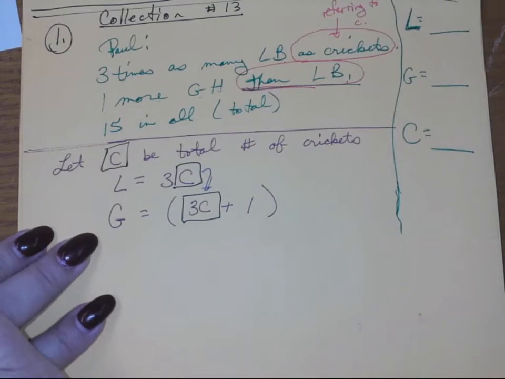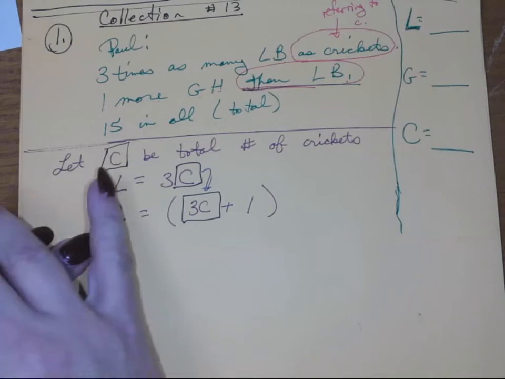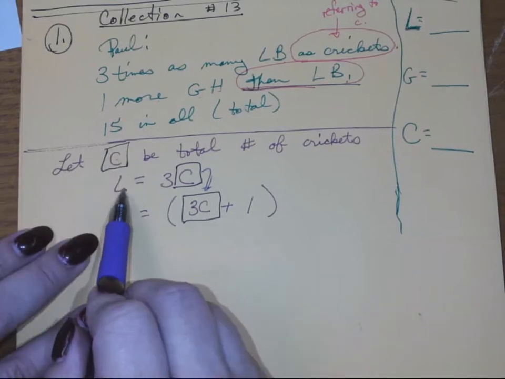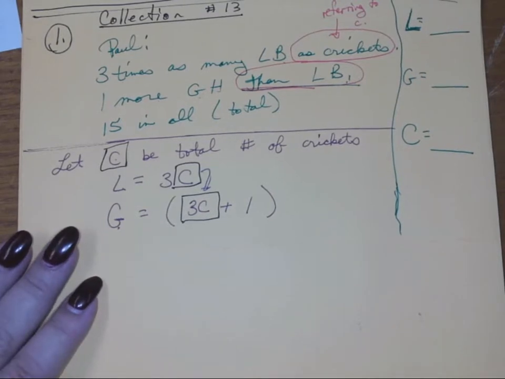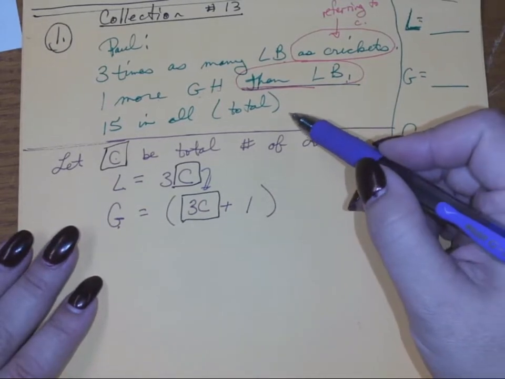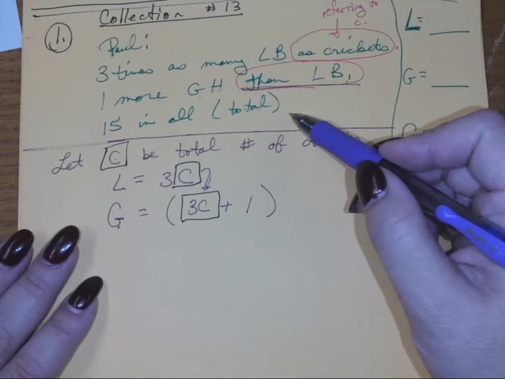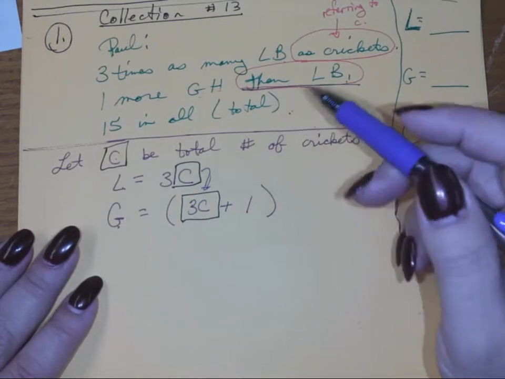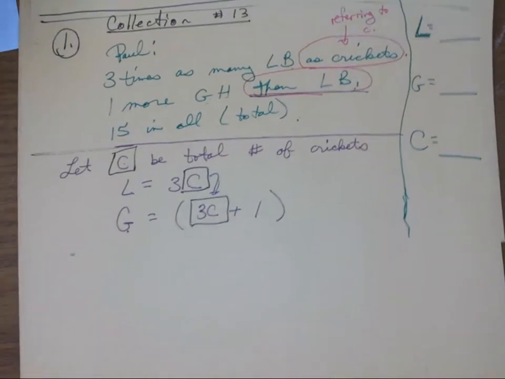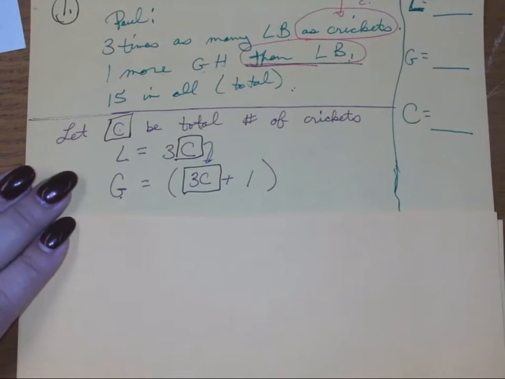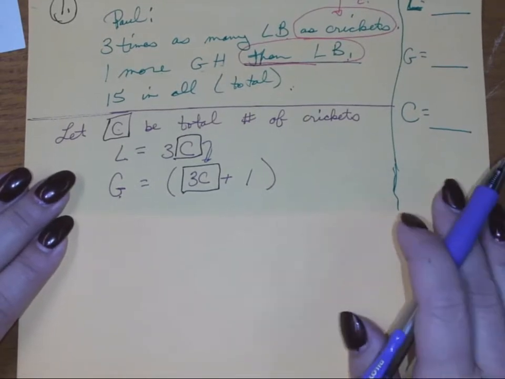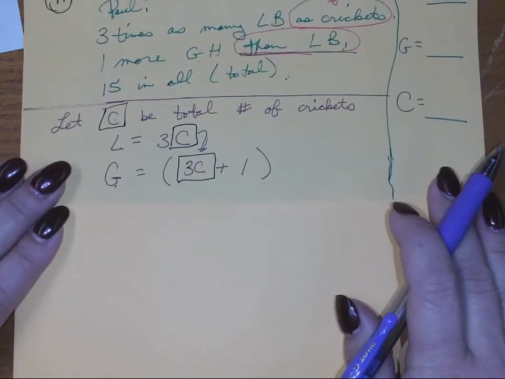All right, so I've got 3 little things here. This is my crickets, this is my ladybugs, this is my grasshoppers. And I know that my whole entire collection is all 3 of these added together, and that will give me a total of 15. Because all of our collections have had these 3 types of insects, ladybugs, crickets, and grasshoppers. That's all I've got. I don't have any worms or whatever in here, right?